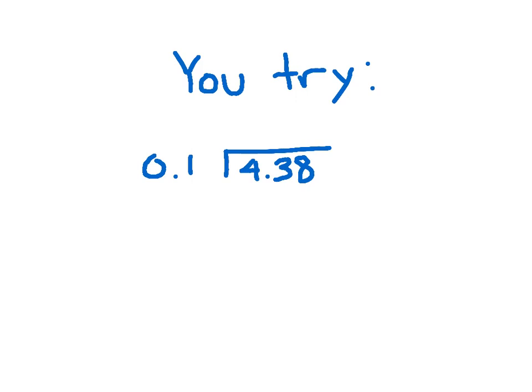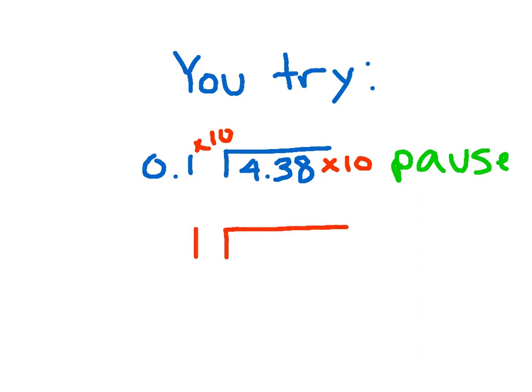Think about what you're going to multiply by. Hit pause. Did you multiply both by 10? Hopefully you did. 1 tenth times 10 is 1, so I'm dividing by 1. What am I dividing?